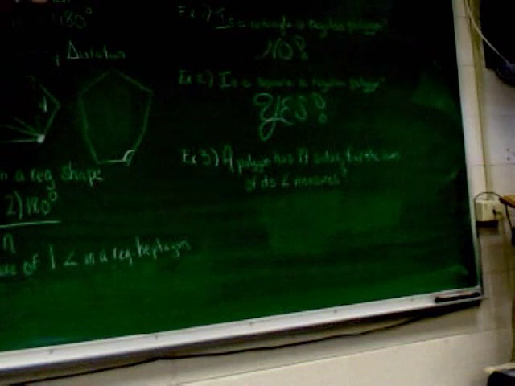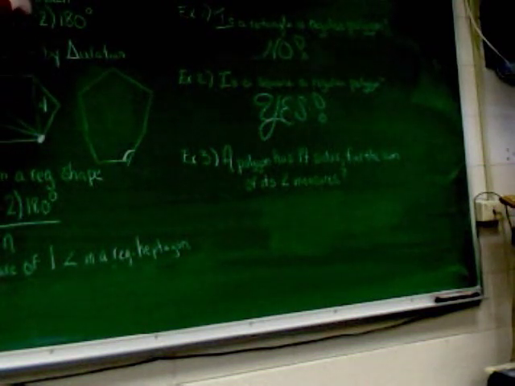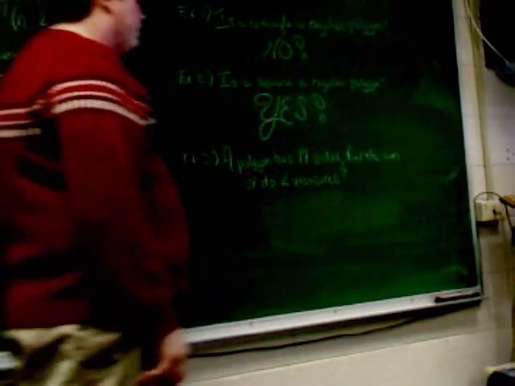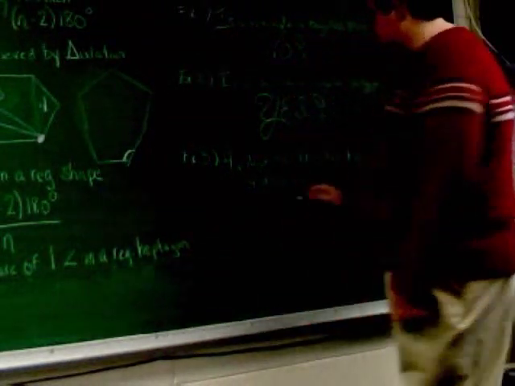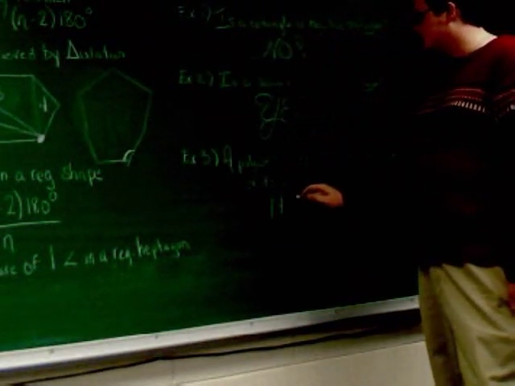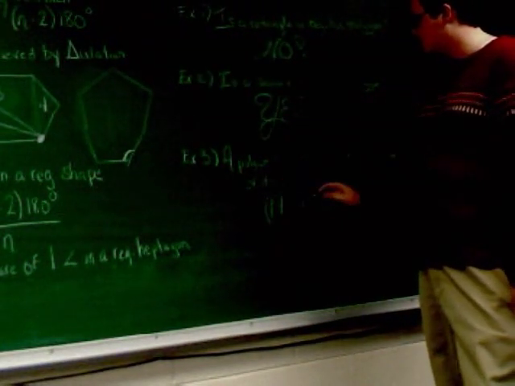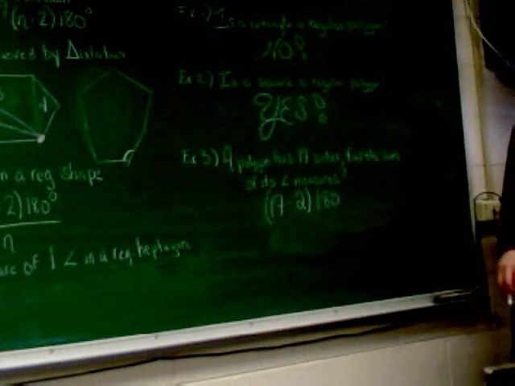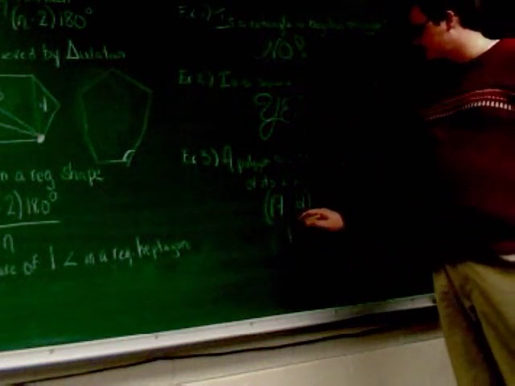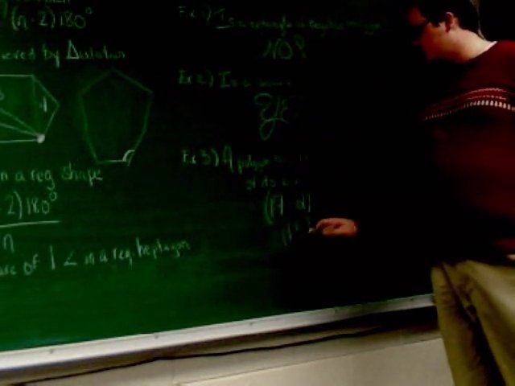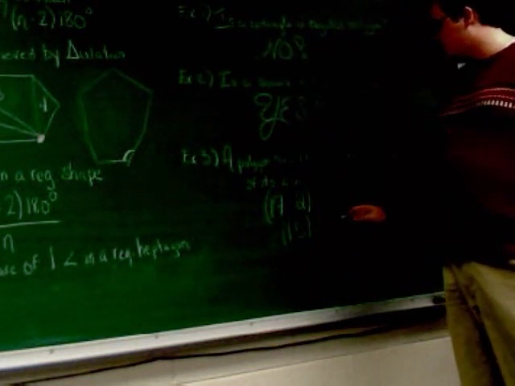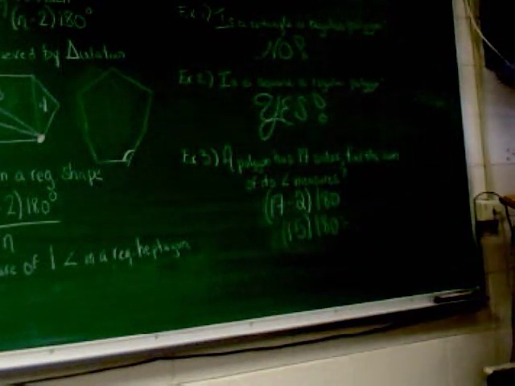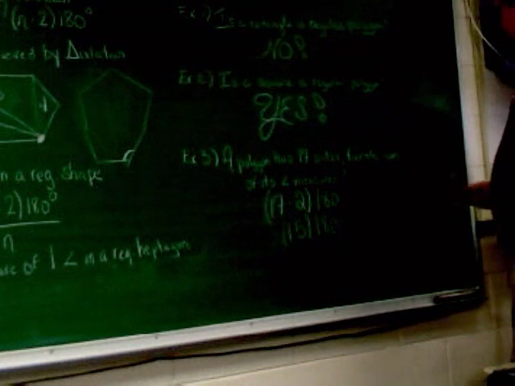Again, n becomes the number of sides the shape has. So if I'm doing n minus 2 times 180, this is 17 minus 2 times 180. 17 minus 2 is equal to 15. So I'm doing 15 times 180. 15 times 180 gives me 2,700.